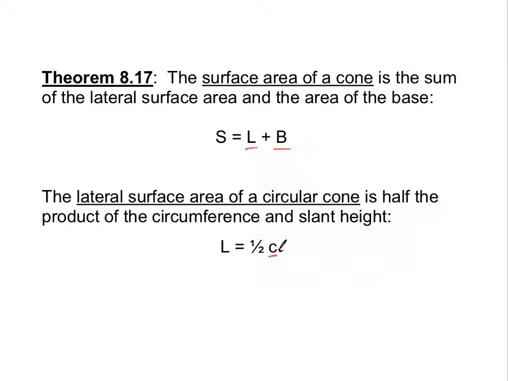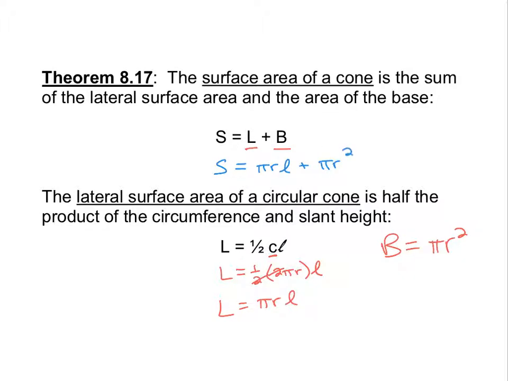Now I would like to change this a little bit more and say 1/2, because the circumference is 2 pi r times L. So this simplifies to just pi r L. And while we're at it, the B is a circle, so the area of the base is going to be pi r squared. So we could use the formula S equals pi r L plus pi r squared.